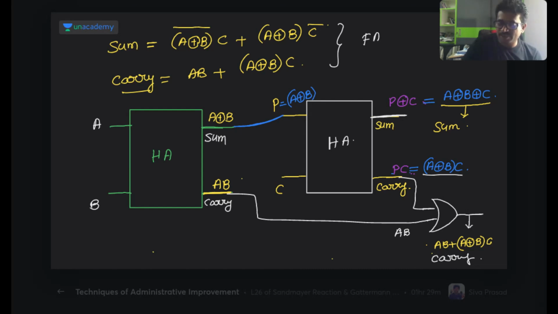Here you see, we have implemented the full adder by using two half adders. This is half adder 1, this is half adder 2. This is the implementation of a full adder by using two half adders.